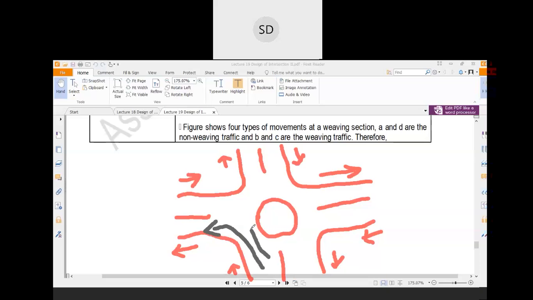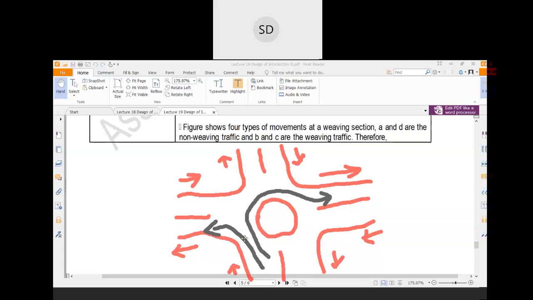Suppose another vehicle wants to go over there. What does he have to do? He has to go around this and take the right turn. So this is basically weaving traffic. Whenever he has to go around the rotary portion, this is called weaving traffic.